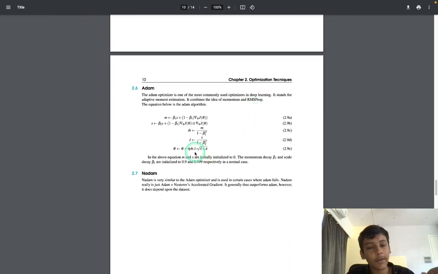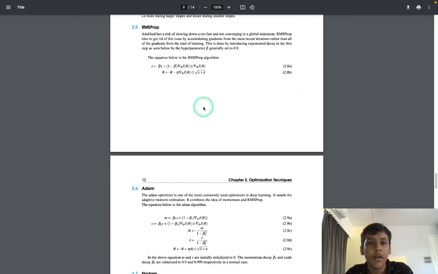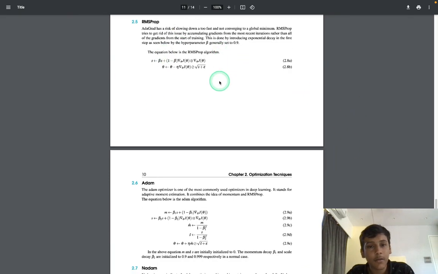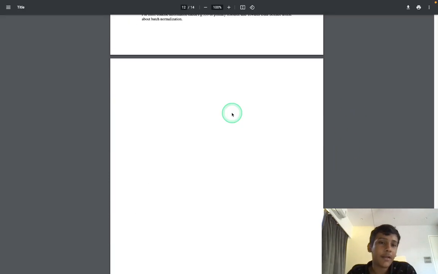However, in this case, what we can just have is m hat, which will encompass this entire equation. So that encompasses the grad that we wanted, and then we can just multiply it by the learning rate and do element-wise division using the RMS prop optimizer, which is synonymous to what we were doing over here. Very similar.